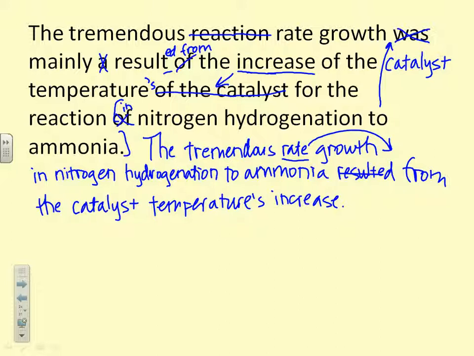So will it be right if I rewrite the sentence like the increase in catalyst temperature for the reaction of nitrogen to ammonia resulted in tremendous rate growth? I have to say that I don't know enough about it to say whether that's correct or not. But I don't see why it wouldn't be, with the way you said it. I think that probably works.